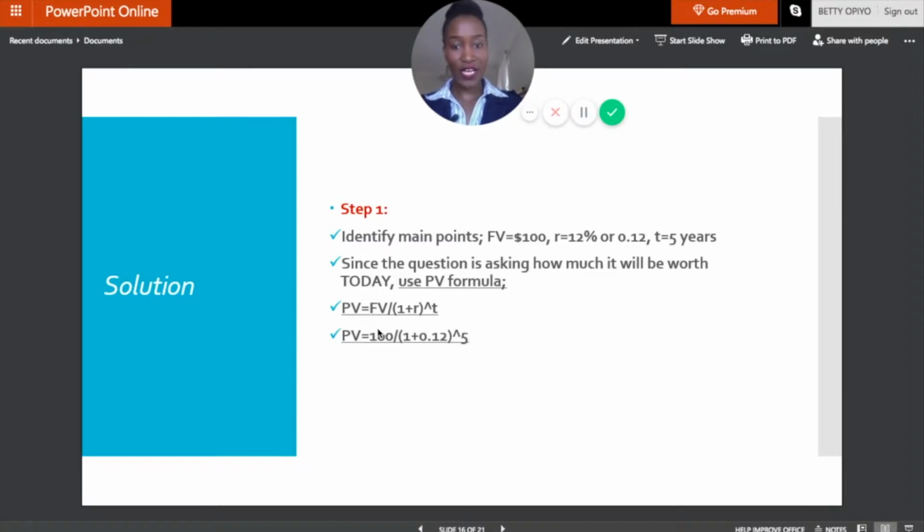FV is the future value, 100. We already identified that in the main points. So FV is 100, divided by 1, which is a constant and doesn't change, plus 0.12, which is the rate. Here we have 12%, so R is 0.12. Then you raise to power 5. 5 is the T, of 5 years.